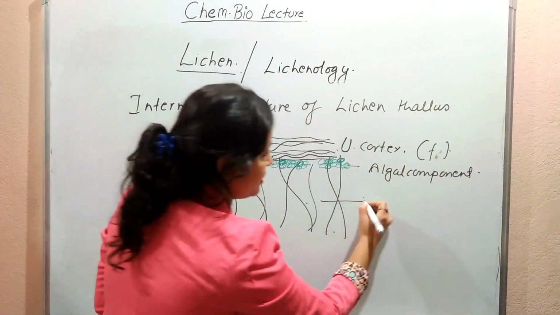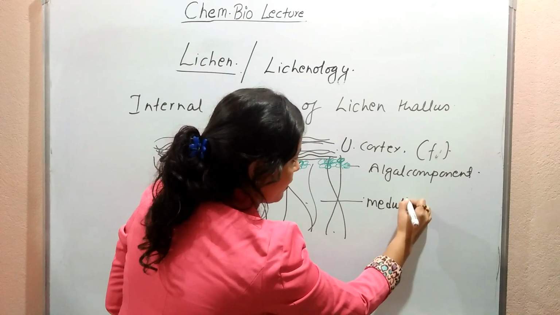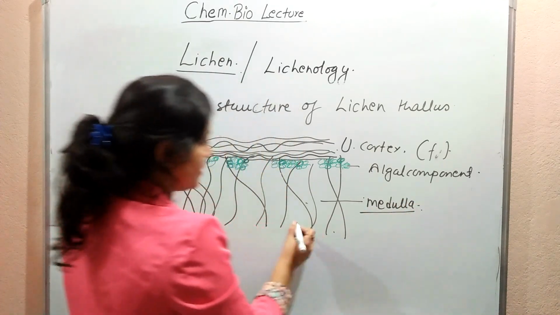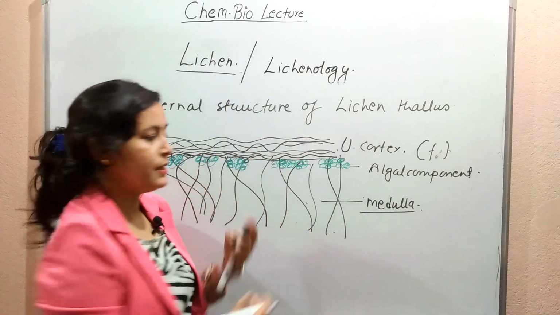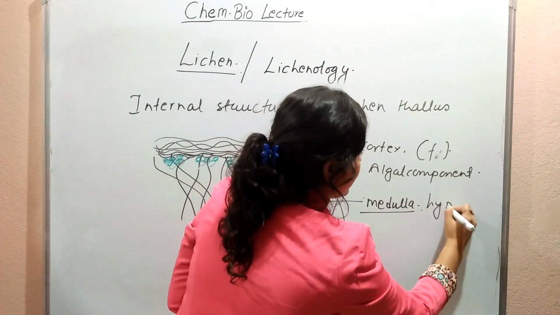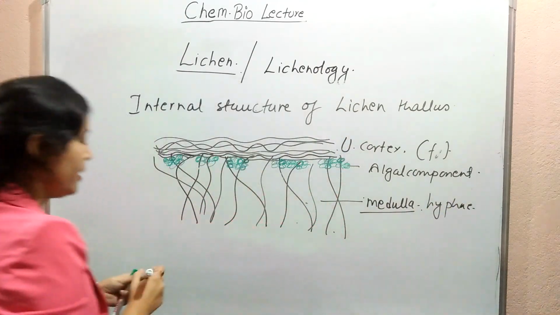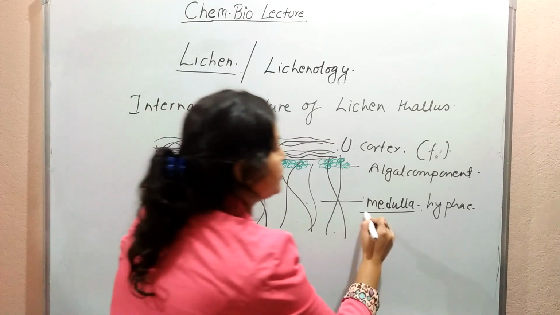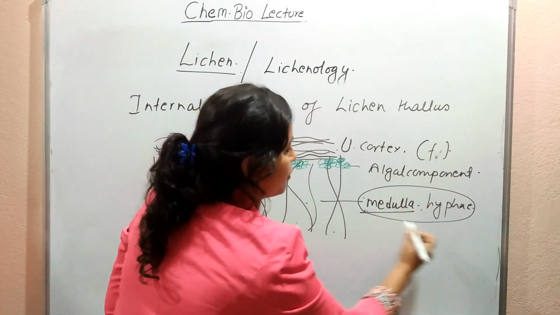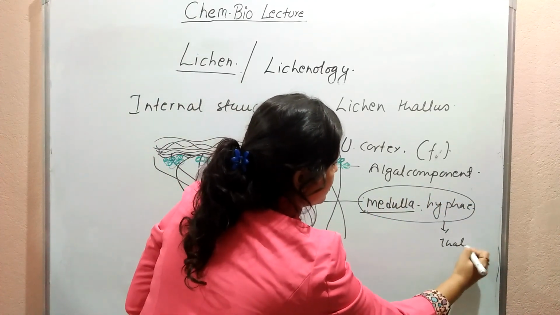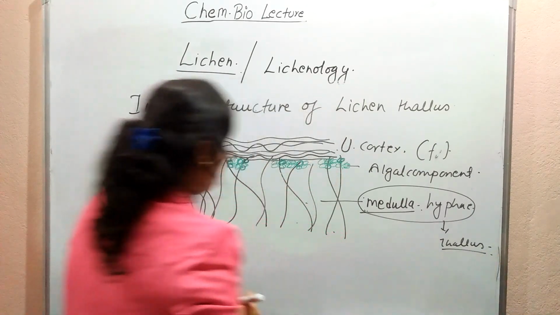This region is called the medulla region, and it consists of loosely interwoven hyphae. It constitutes the major part of the thallus.